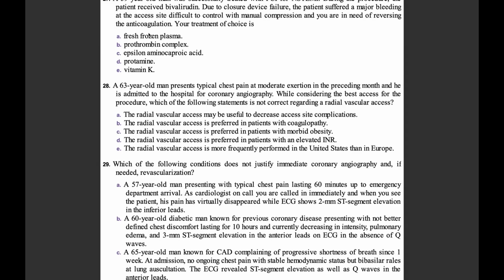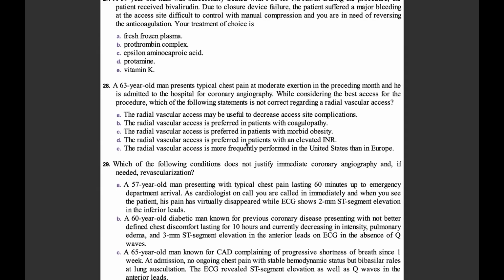Like I mentioned earlier, it is the recommended access because it's safer. It has a lower risk of bleeding. So option A, which says that the radial vascular access may be useful to decrease access site complications, is right, because with radial access the complications are usually lesser.